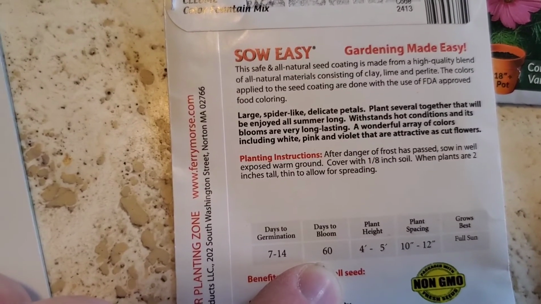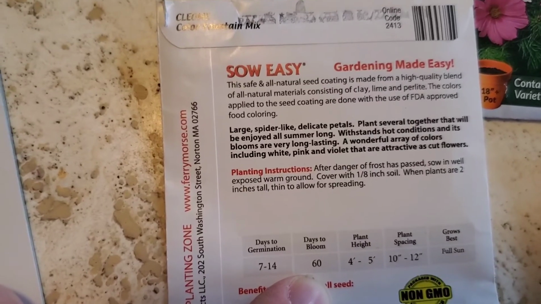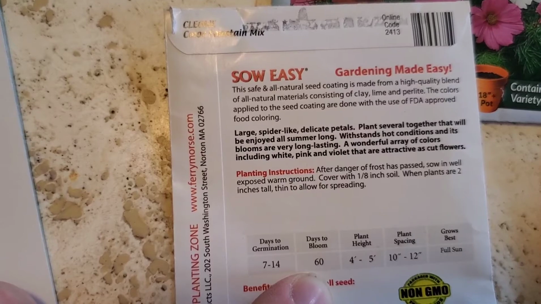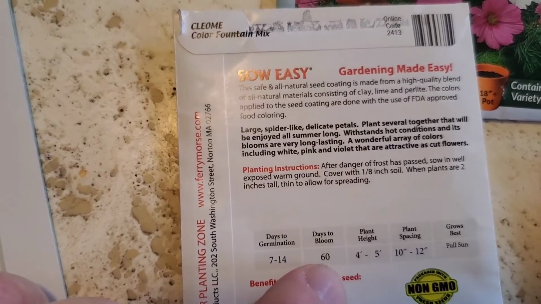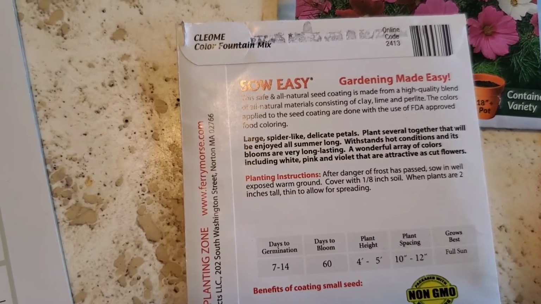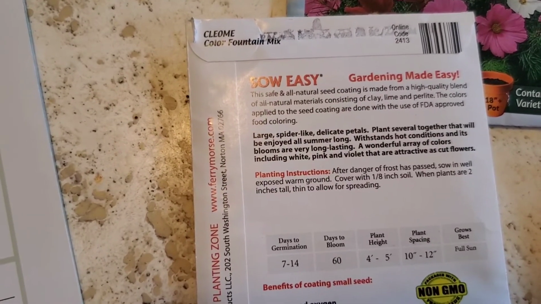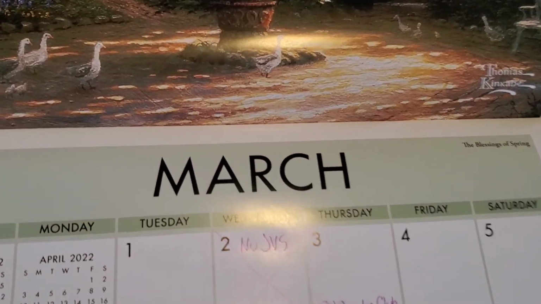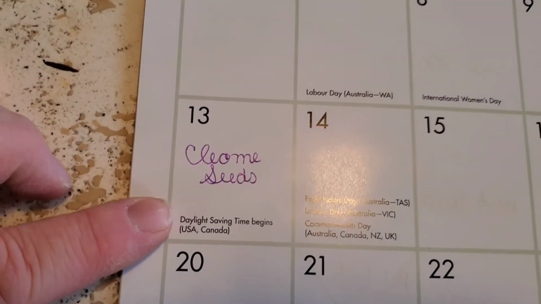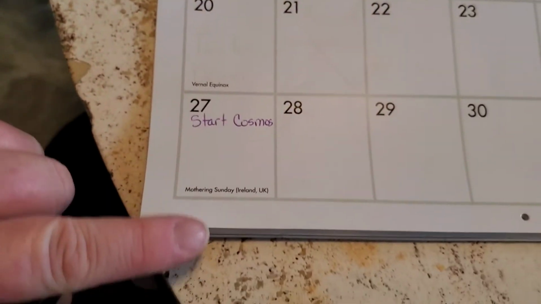That's closest to 60. See my math? So I'm going to do 8 weeks back to start the cleome indoors. That way they'll be ready to plant at my frost date and be in bloom like you would buy them from a garden center. When I count back 8 weeks, I end up on March 13th, and I just count the Sundays.